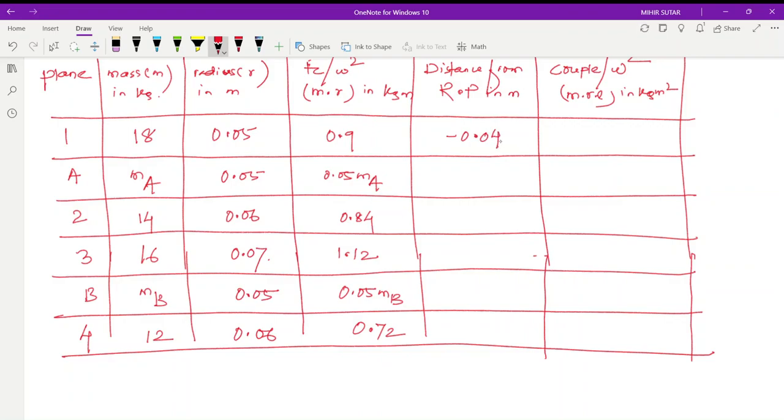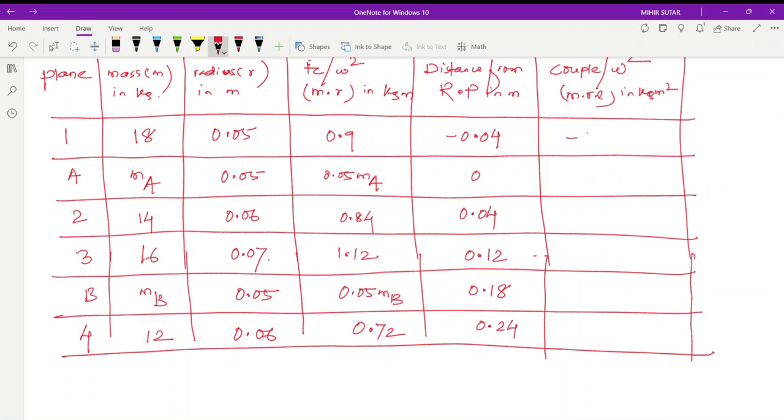Now the distance from plane 1 is at 0.04 meter minus, because it is towards the left, this is 0, then this is 0.04, then 0.12, 0.18 meter, 0.24 meter.